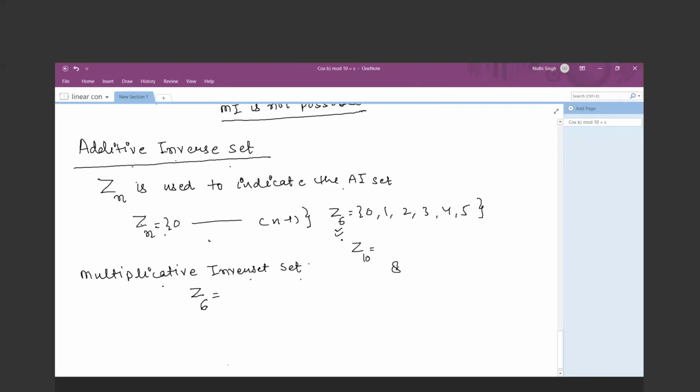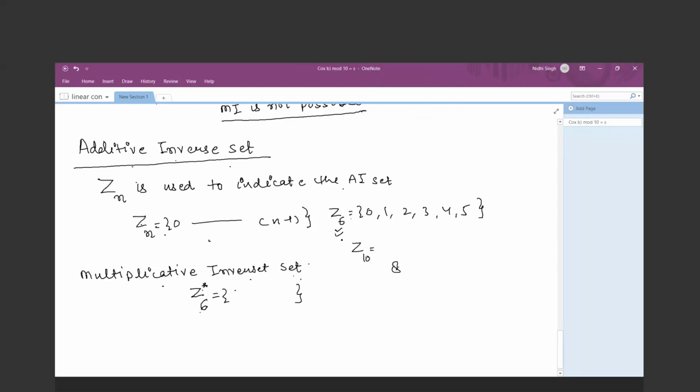So that's why we cannot use the same set of residues Zn as a multiplicative inverse set. For that there is another symbol, that is Z6 with a star. This multiplicative inverse set, with the usage of this star, indicates the values under the set of residues Z6 which have the multiplicative inverse possible and belong to the same set.